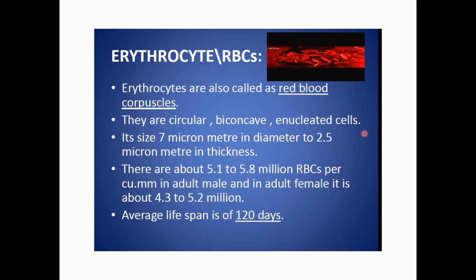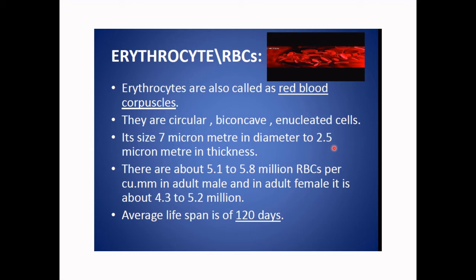The term enucleated here denotes that these cells do not have a nucleus, but it is not completely true, it is partially true, because the immature RBCs in their young stage do have a nucleus, but as they mature, their nucleus is degraded.